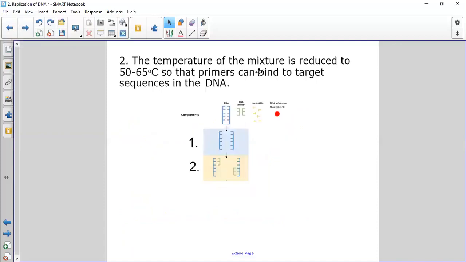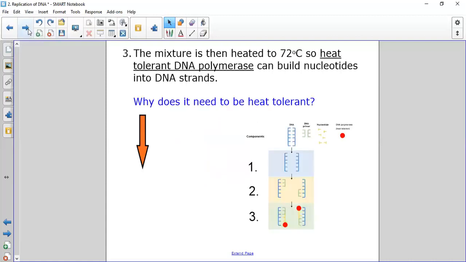Next, the temperature is reduced slightly, down to 50 to 65 degrees Celsius, so that the primers can bind. The green things here are our primers. There we've got primer bound at that side, and primer bound at that side. That was with the temperature reduced a little bit. We then heat it up again, not as high as it was to start with.